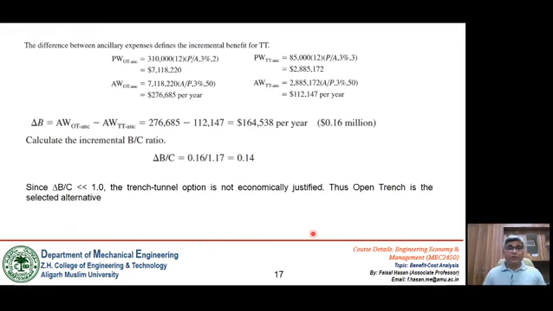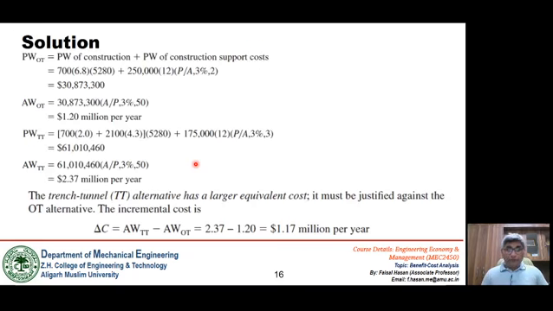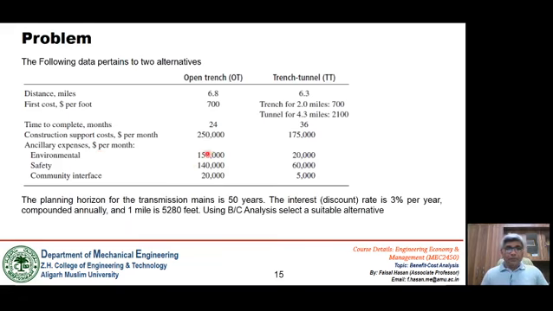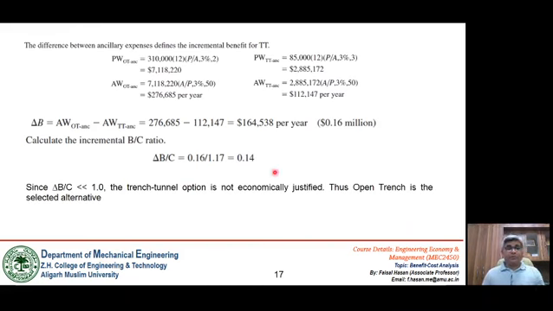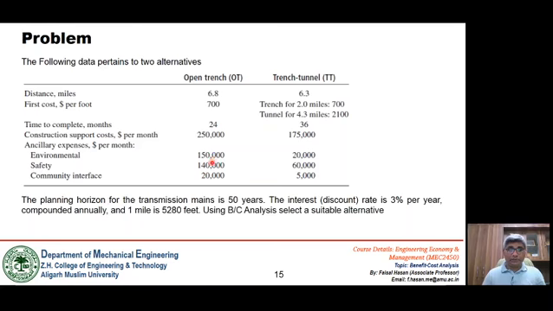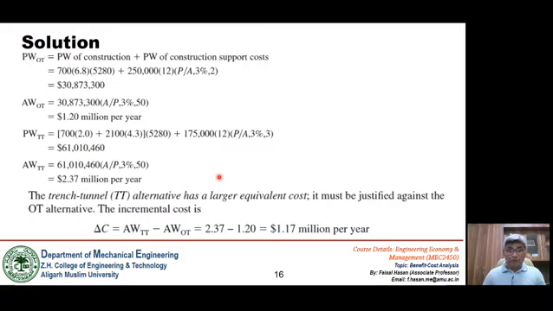Similarly for the benefits, the benefits per month are given. For 24 months, these are the annuities for the open tunnel, and for 36 months for the tunnel trench. So we convert it into annuities extending up to year 50. For the open tunnel, if we add all three, this plus this plus this, it comes out to be 310000.